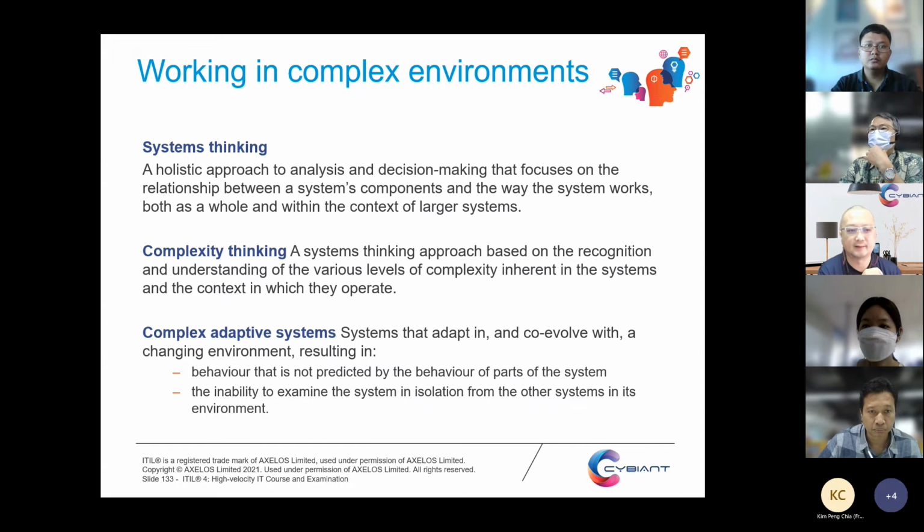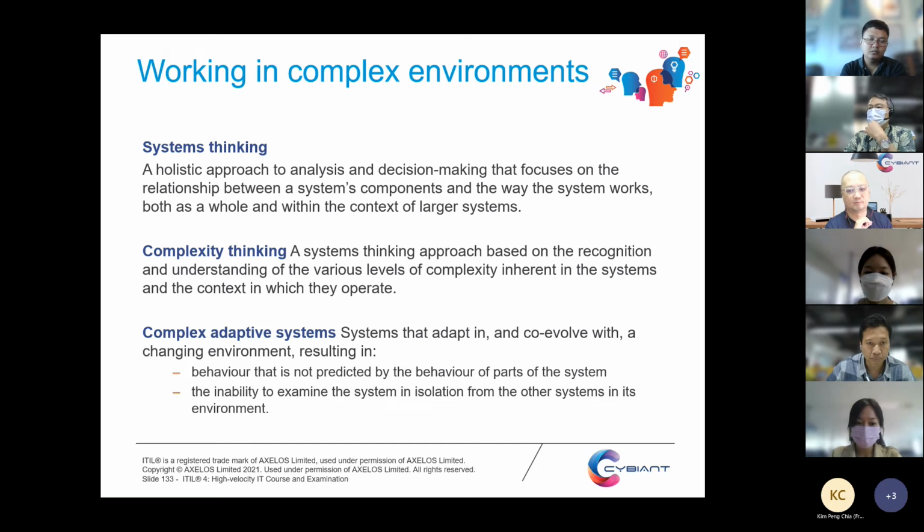It says here, a holistic approach to analyze the decision-making process. Those of us who went to college will probably have been taught to look at things holistically before we make a decision. That is simply holistic, or should I say, system thinking.